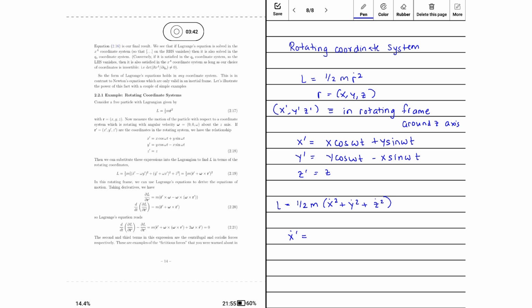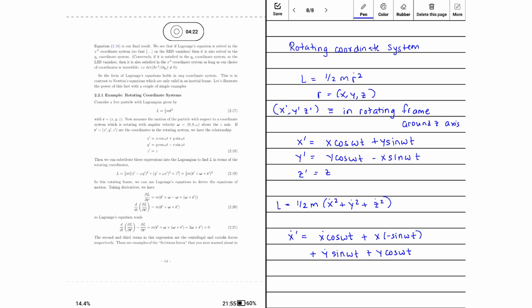What is x dash dot, which is x dot cos omega t plus x minus sin omega t plus y dot sin omega t plus y cos omega t.